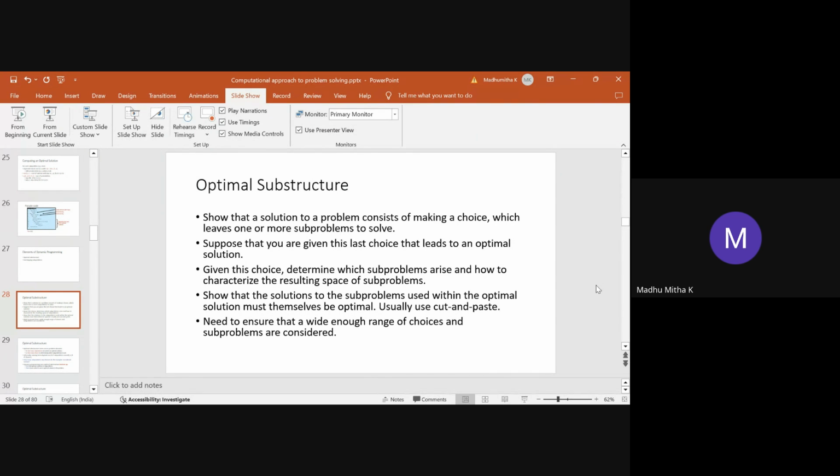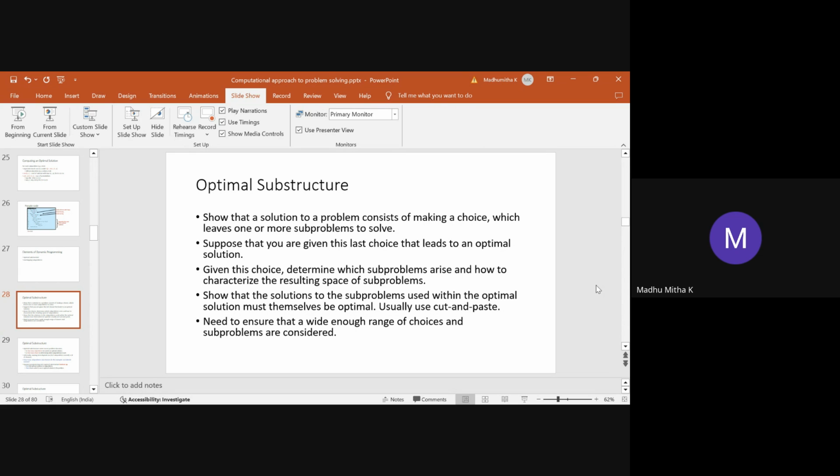You can determine a subproblem and how to characterize the result. Either you can use the top-down or bottom-up approach. And each subproblem must have an optimal solution.